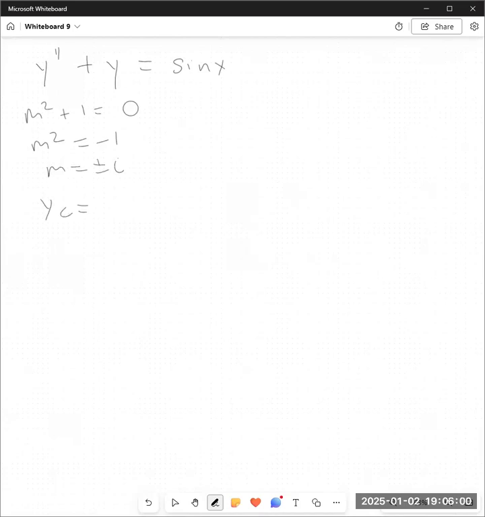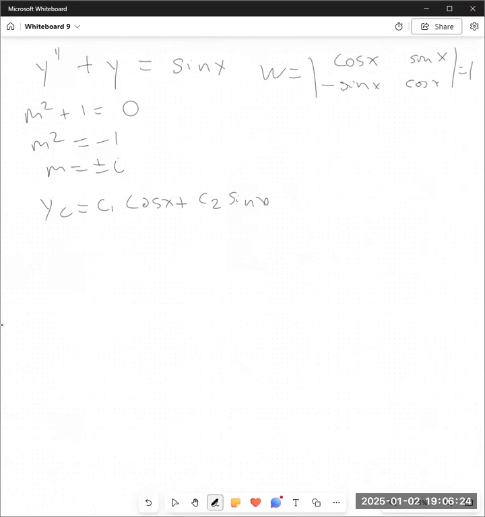So our yc equals c1 cosine x plus c2 sine x. I'll quickly go through the Wronskian again. It's the same Wronskian as before, and I won't go through all the work to show you that that's 1 again.